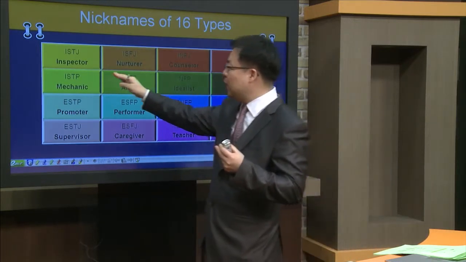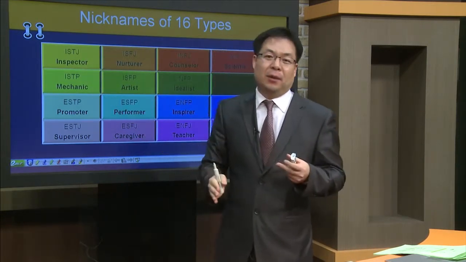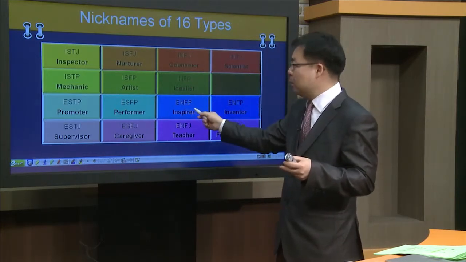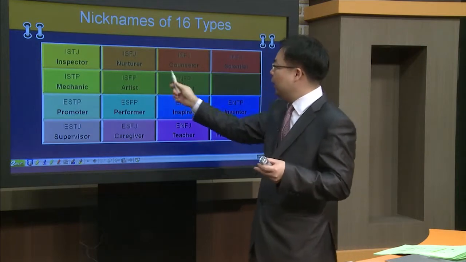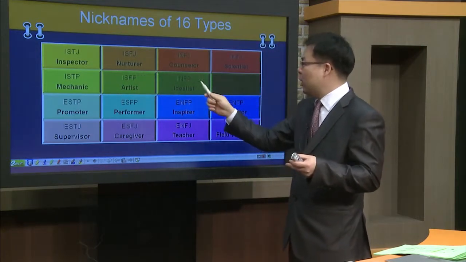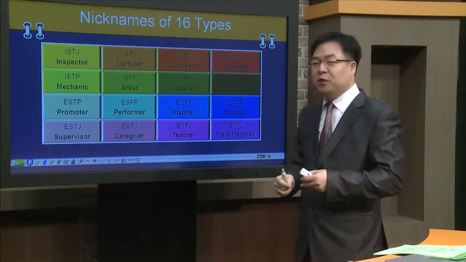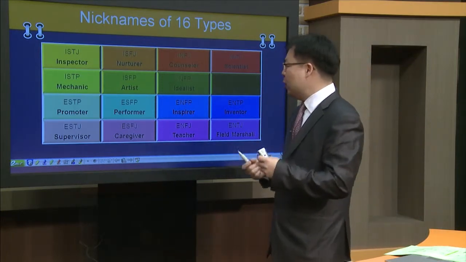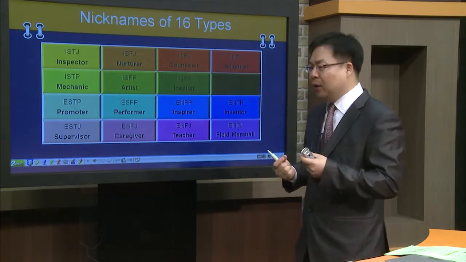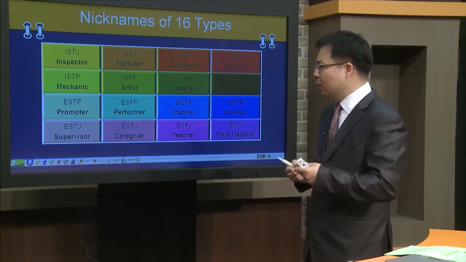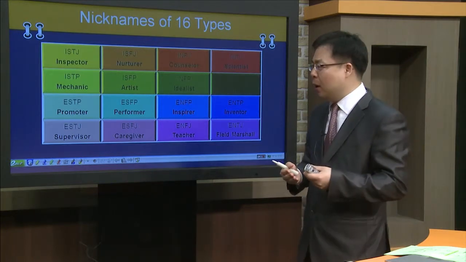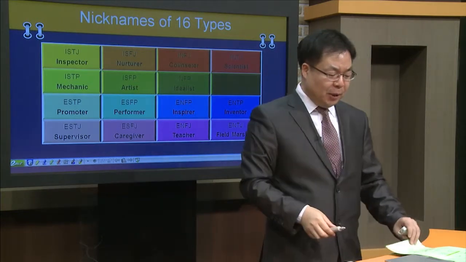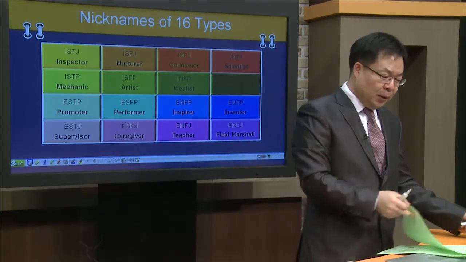So they are good at inspecting something, okay? However, the opposite personality is ENFP, right? ENFP is the inspirer. They have a very different personality: very energetic, very creative, very friendly, and very flexible. So their nickname is the inspirer. So 16 different types of characteristics have different nicknames.